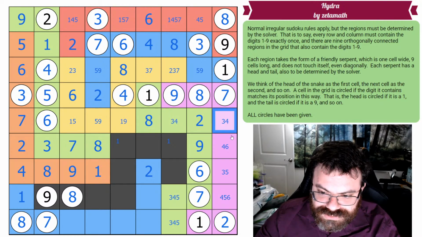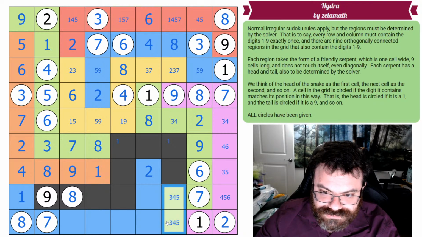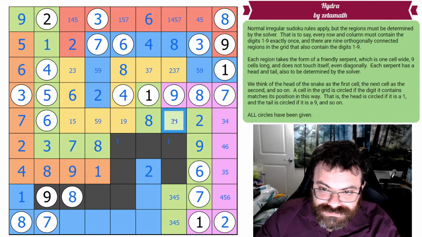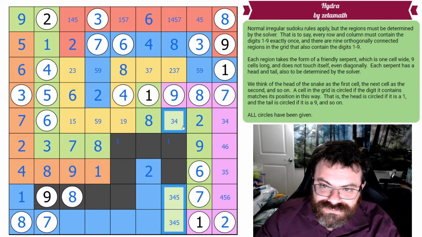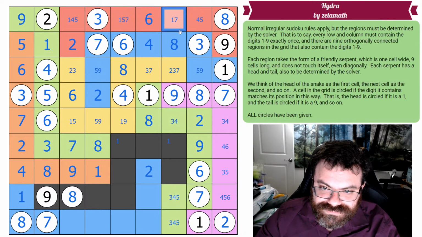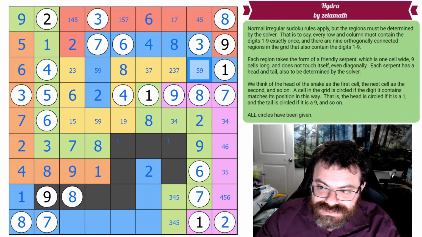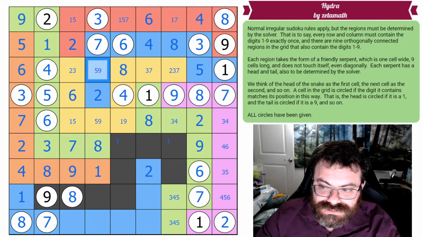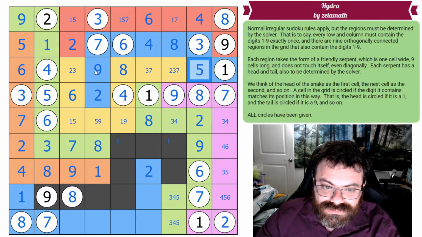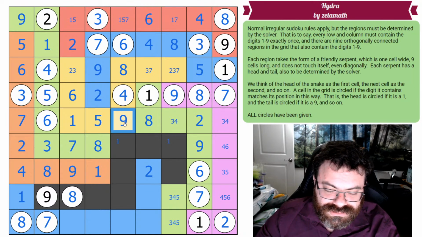What resolves this? This 3, 4, 5 means this can't be 4 or 5. Column 8 is done. True. It's not 4. This is a 9. Blue region's done. That's a 5. 1, 9.